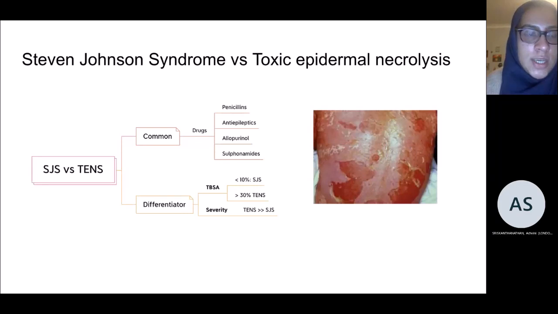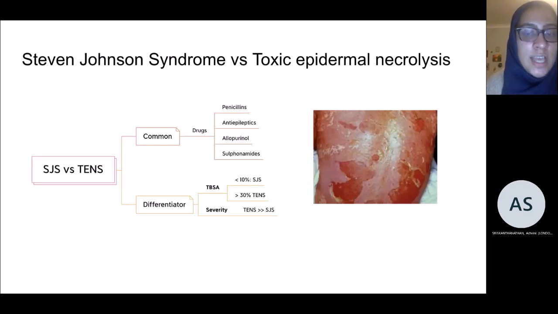So what is Stevens-Johnson syndrome versus toxic epidermal necrolysis? As I mentioned, they're rare skin conditions that happen as a result of an immune reaction, and you basically get a necrosis of your skin and mucosa. With Stevens-Johnson syndrome, you get less than 10% skin detachment.